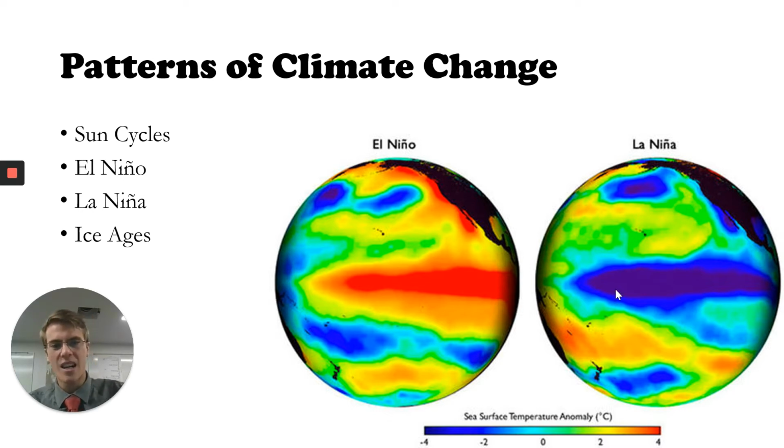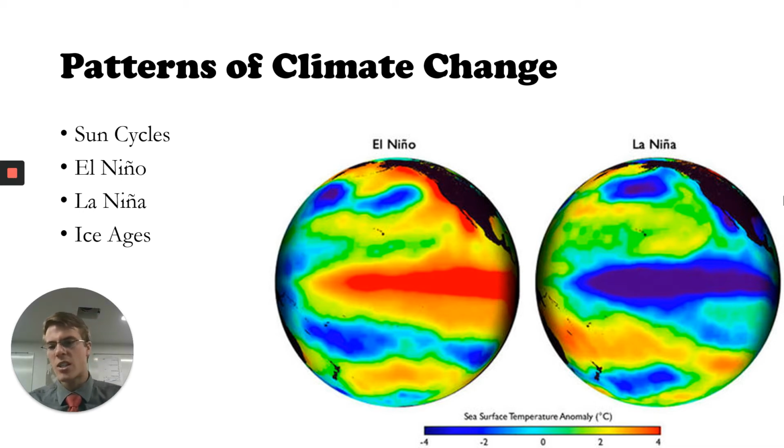Whereas the La Nina has a blue strip indicating low water temperature. So in La Nina seasons, typically we get colder temperatures, and El Nino seasons, we get warmer temperatures. And again, these cycle back and forth and can be like 9-month periods, 12-month periods, depending on just the year and the season and the time.